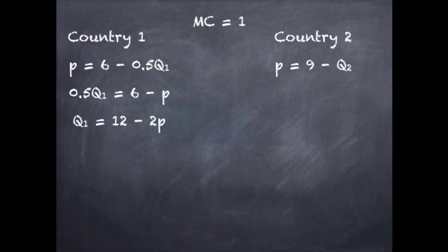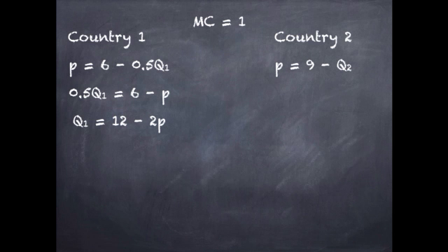The reason being is that if you take a look at the diagram that's in your book, you will realize that for any of the prices that are above 6, the only part that we really need to concern ourselves with is country 2. Because in country 1, if the price is above 6, the individuals will not purchase it. So for prices above 6, the only demand curve that's operable or is important to us is country 2.